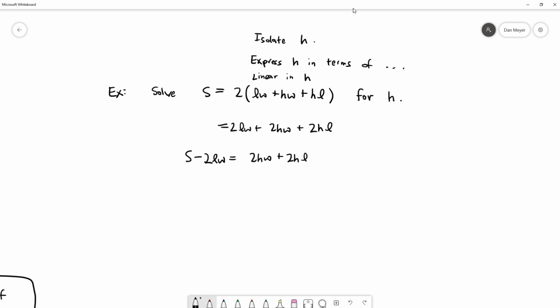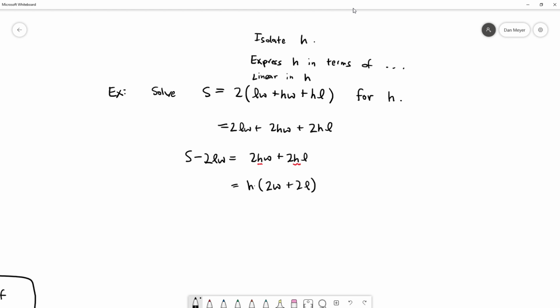Now here I have 2 terms, and those terms share a common factor of H, so I can factor out the H times 2W plus 2L. And then I can divide on both sides.